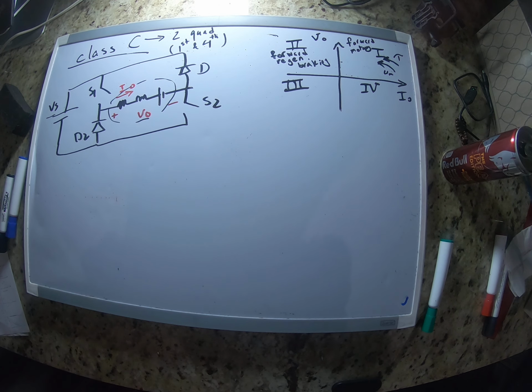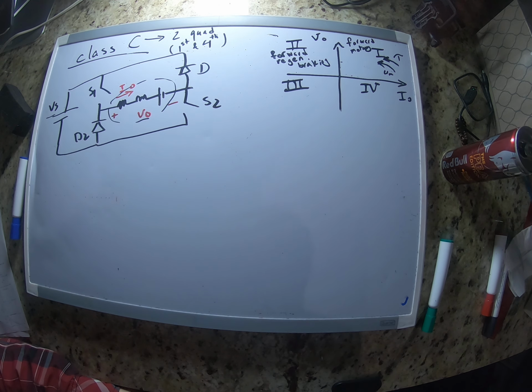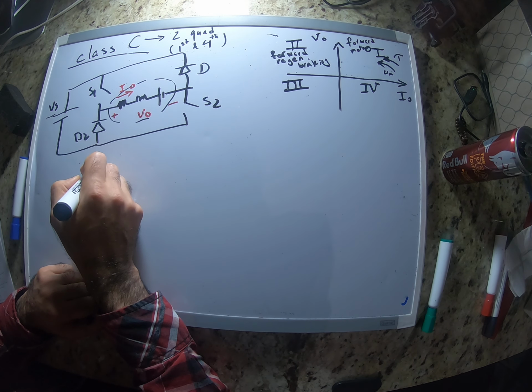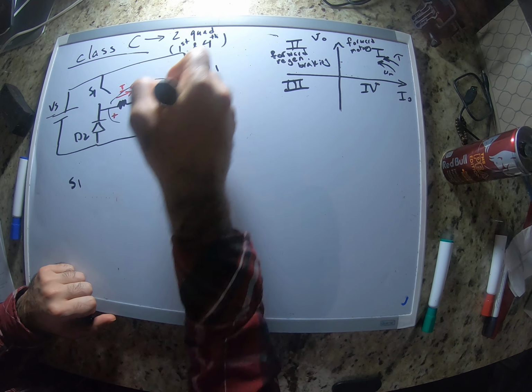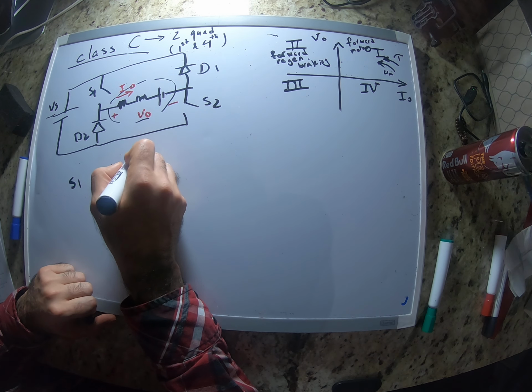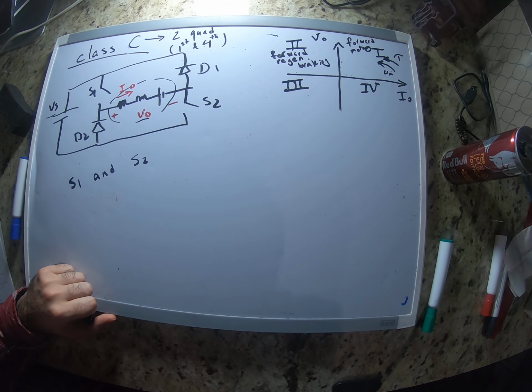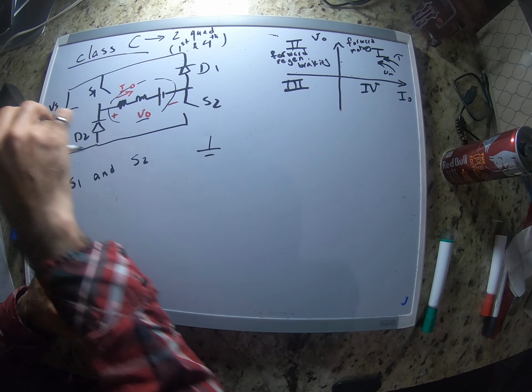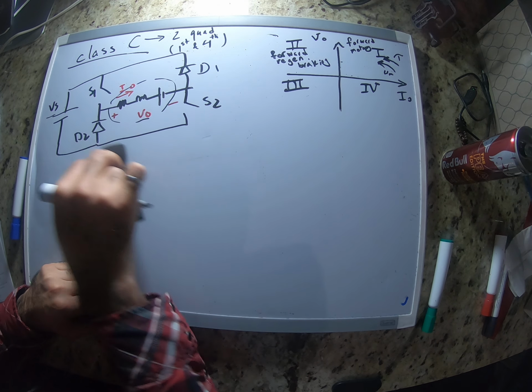Now let's see how the circuit works. So if we have both S1 and S2 on, this is D1. Okay, if we have both of them on, then we end up with this circuit. Let me do it here.